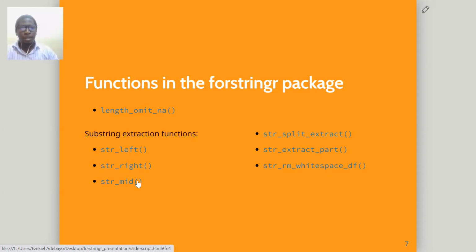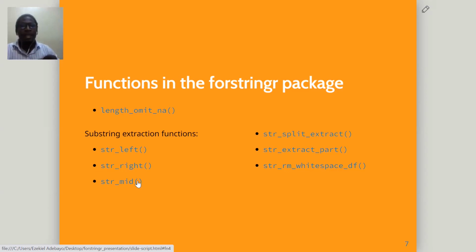Then we have other functions such as str_split_extract, which splits a vector by a pattern, then extracts the string by a positional index. You will see examples after this page.